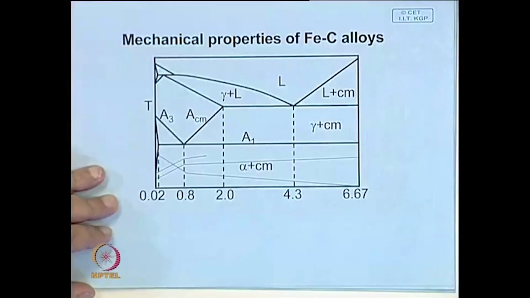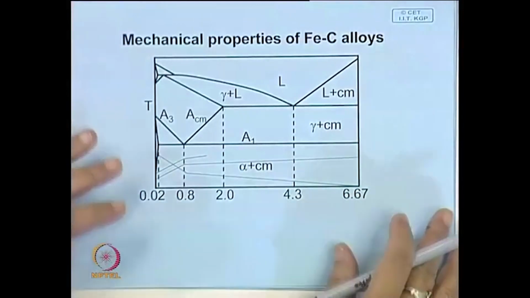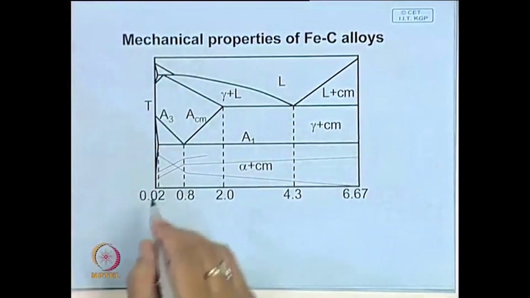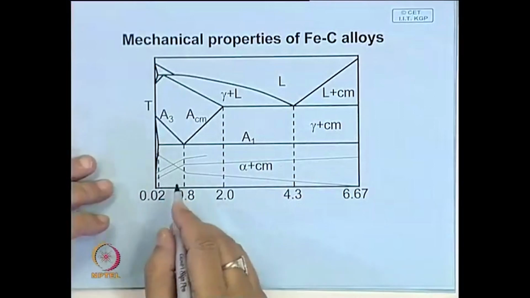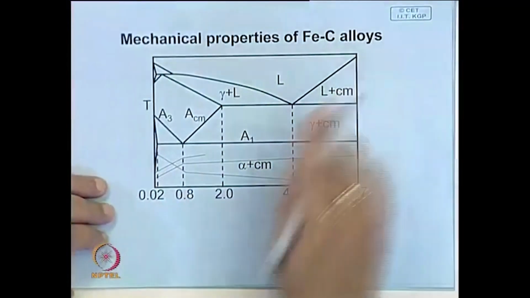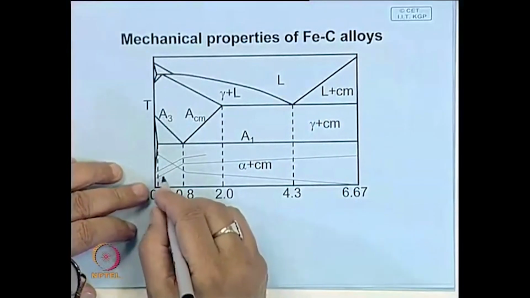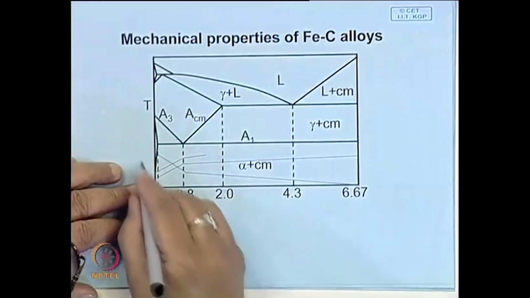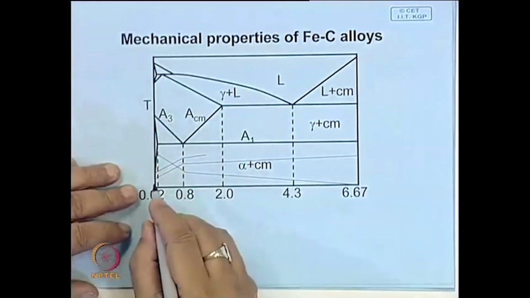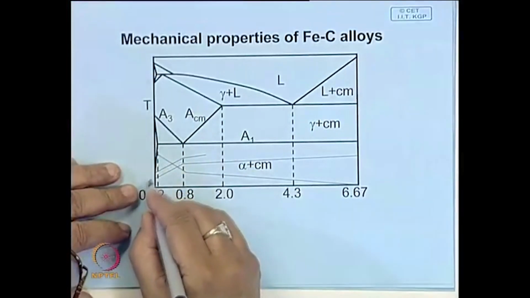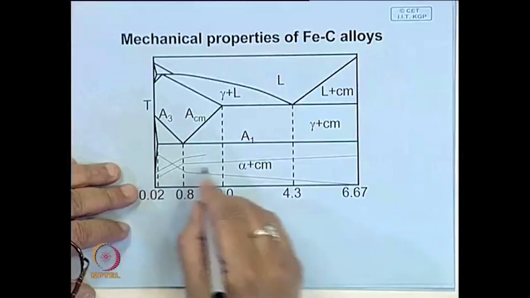Now, let us look at, so that means that carbon is a major alloying element which defines the properties of iron carbon alloy.